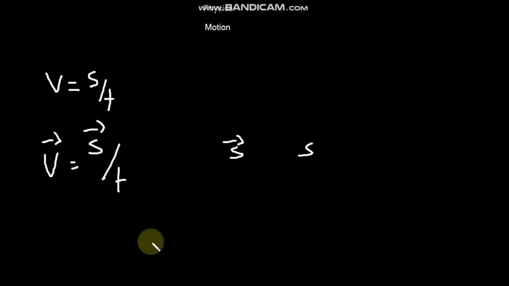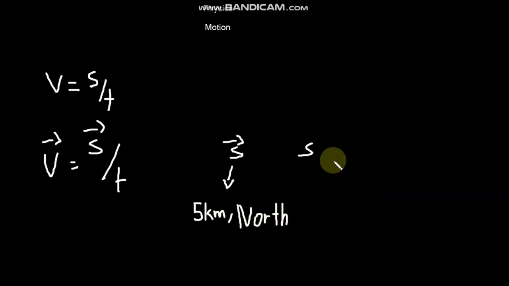For example, I can say displacement is 5 kilometers. Make sure you put a comma and then you write the direction: 5 kilometers, north. And let's say distance is 2 kilometers. That's it. Distance doesn't have a specified direction it's going to.